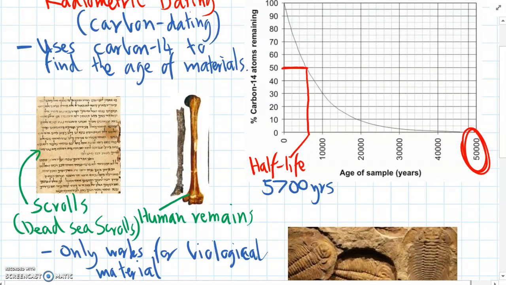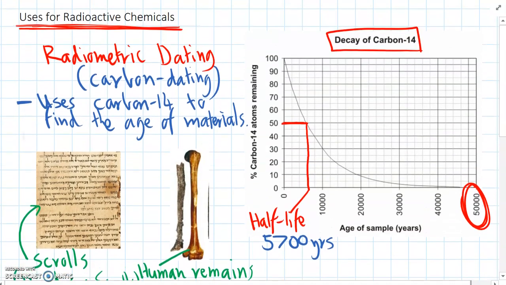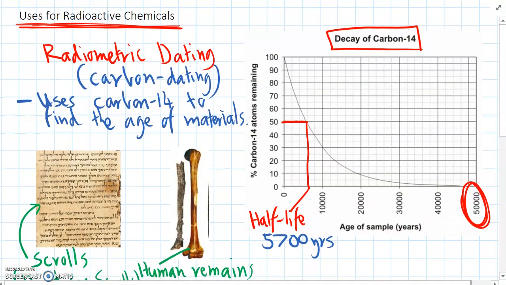And once something dies, the carbon-14 in that living thing is no longer being recycled. So as soon as something dies, we can think of it as the radioactive clock begins. So we start with 100% of the carbon-14, and then we know, because of the half-life of carbon-14, that 5,700 years later, there'll only be half the amount of carbon-14.